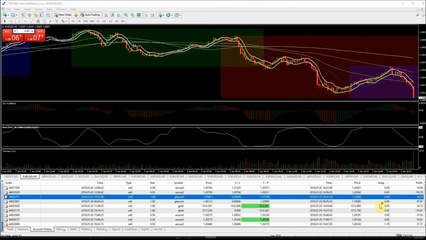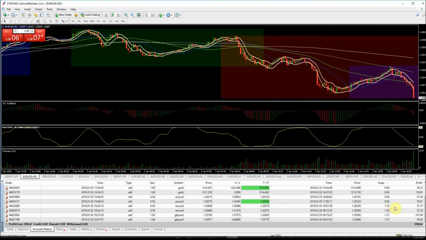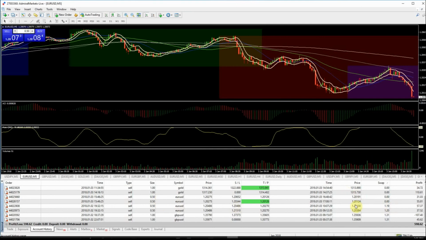Bearing in mind I started with £5,000 in this account, and I've just closed out profits of nearly £600, which is over a 10% gain in 2 days. So it's been a good start to the year trading. And I've had plenty of other gains on my other accounts as well, to be honest. So I'm having a very strong start to the trading year. Obviously 2 days in, but markets are good, getting some good action in them at the moment.